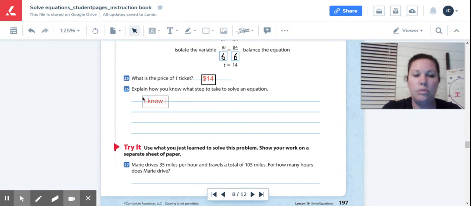I know that I need to do the opposite of what the equation represents.